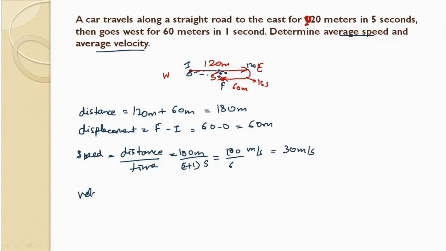And if you talk about velocity, it would be displacement upon time. In this case displacement is 60 meters and the time is 6 seconds only, so it would be 10 meters per second.